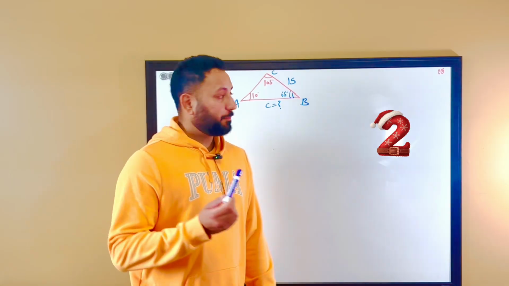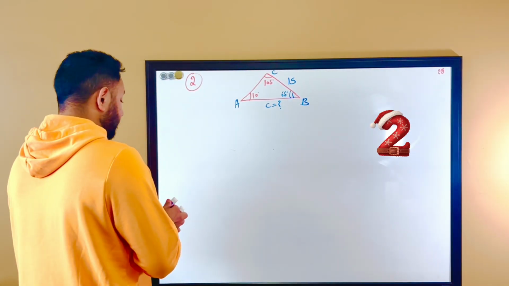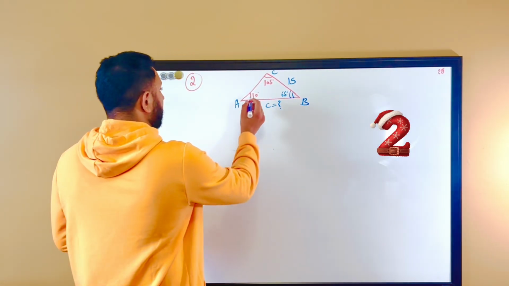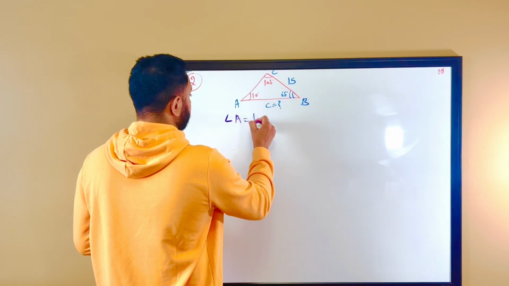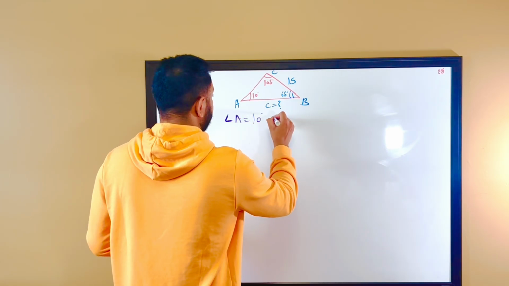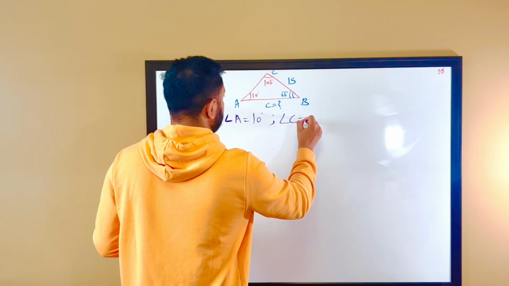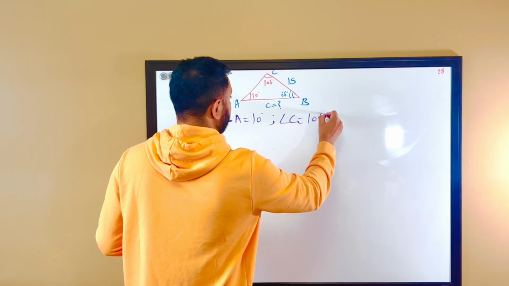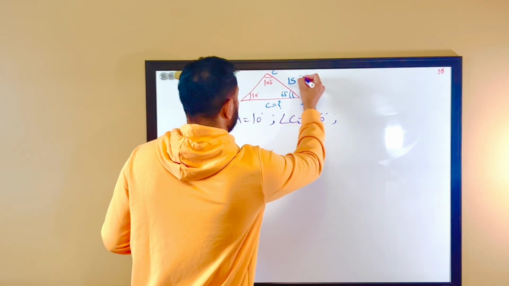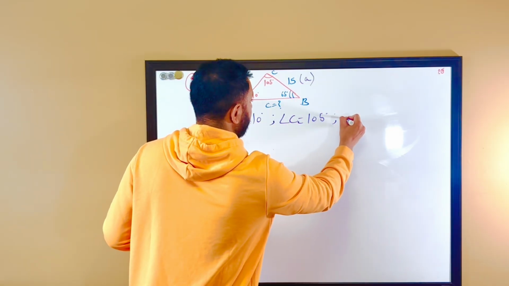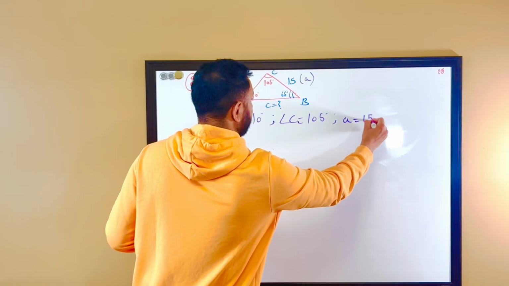So our second example is we are given this triangle and we are given angle A, which is 10 degrees, and angle C, 105, and also we are given one of the sides. Let's say this is small a, and small a is 15.